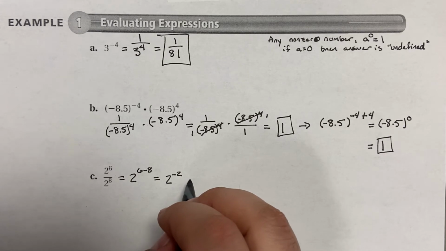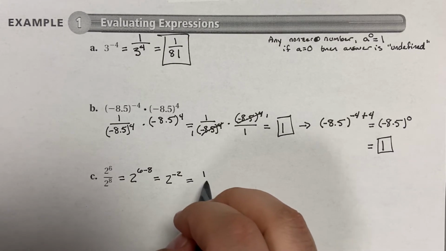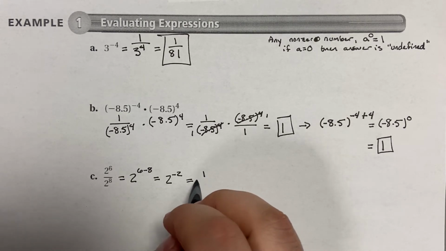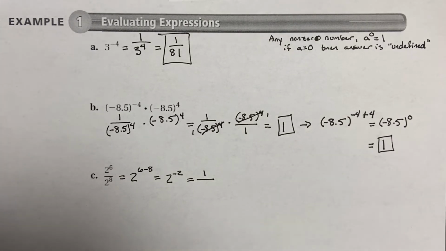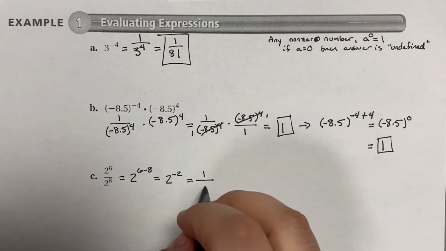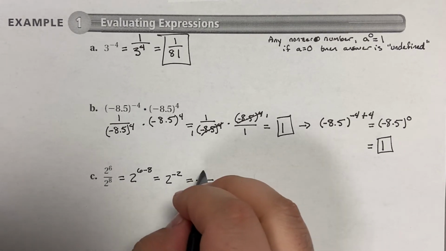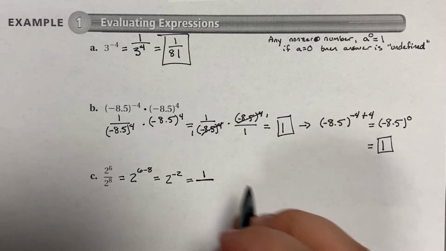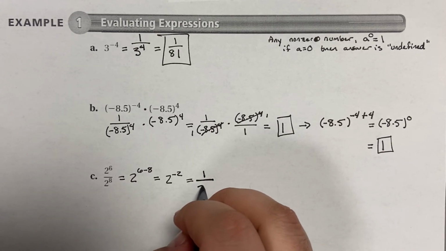I'm going to write this the simplest way and just say, since it's negative, I'm going to write 1 over, and then we have 2 squared.